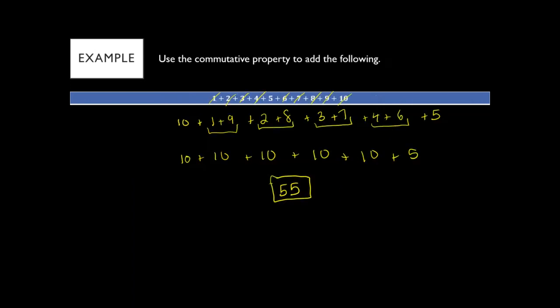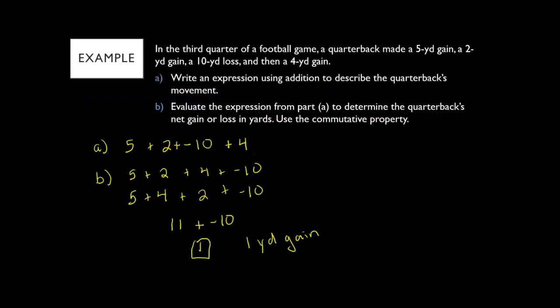And if it makes more sense to you mentally, then you can spend that mental power on something else, versus spending all your time trying to figure out what this means or doing the math in the order that we have. If you can make it easier on yourself by rewriting the numbers, that allows you more brain power for something else that might be a little harder. So that's the commutative property.